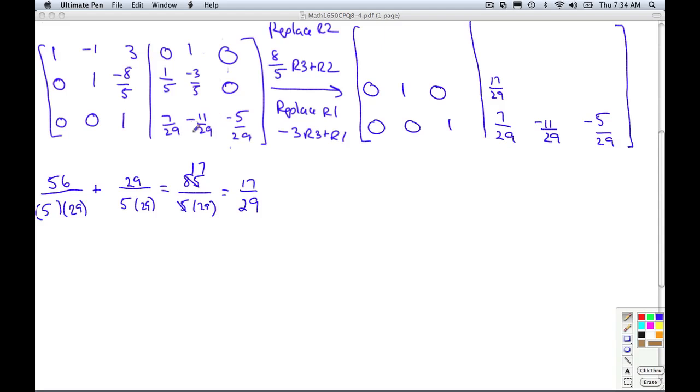Okay, now I got to multiply this guy by 8/5 and add it to that guy. So multiply the numerator there by 8. I get negative 88. And I'm going to remain optimistic about the denominator and not multiply it out just yet. I'm adding it to this guy, which is a negative.